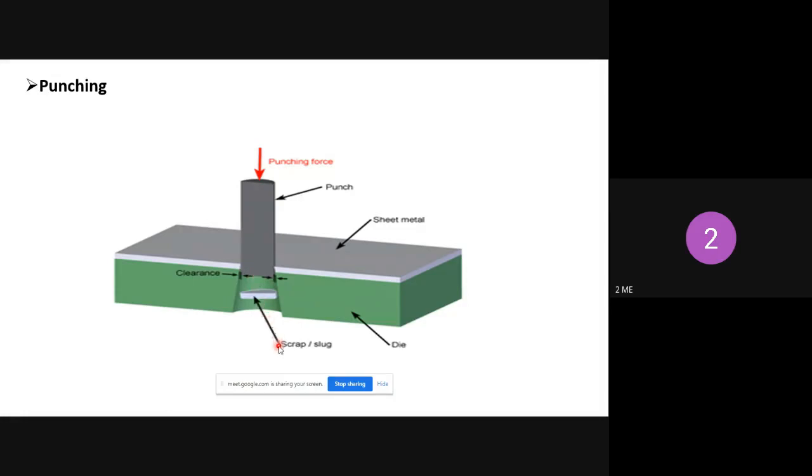That removed portion is called scrap, and the remaining sheet metal is called the final product. This is the same as piercing, but the difference is that we can only produce a hole in the sheet metal. That is the difference between punching and piercing.